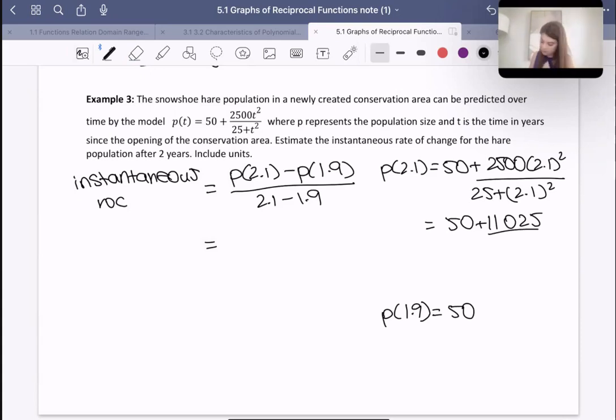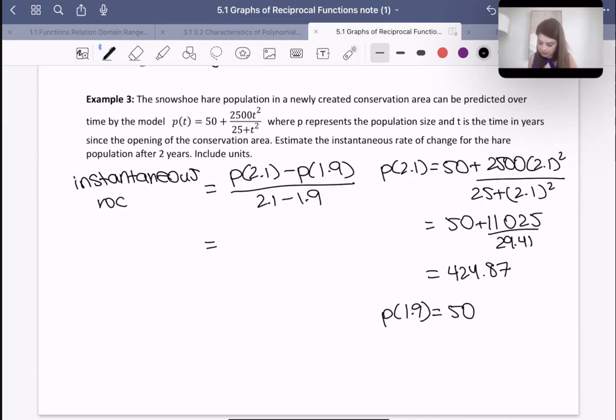Okay, so we have 2.1 squared plus 25, so that's 29.41. Okay, so we have 11,025 divided by 29.41, and then we add 50. So it's actually going to be 424.87. Okay, so that's going to be our actual answer there.